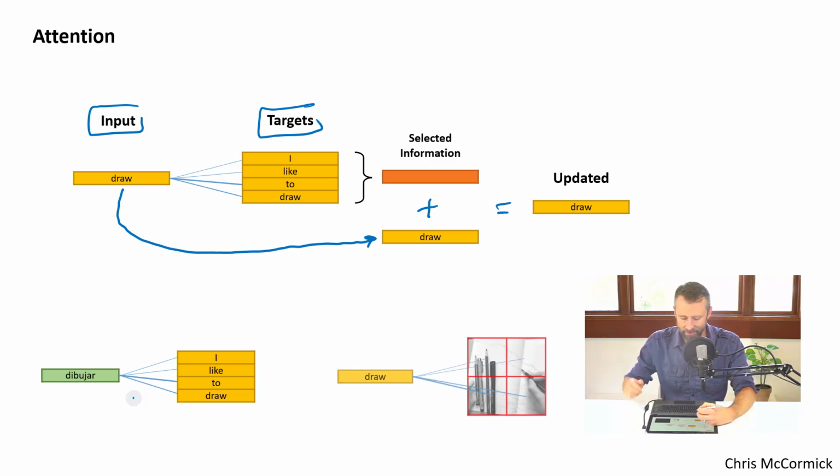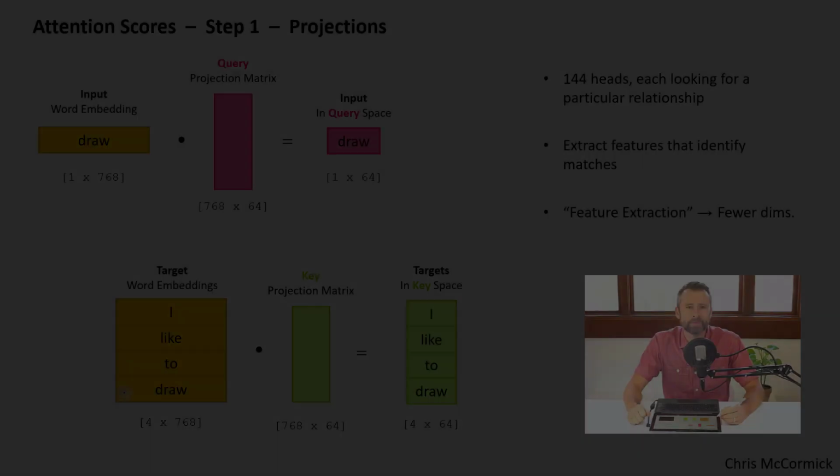Or maybe an even more interesting example, we can combine text and image data using attention. We could attend to different image features. As long as they're stored as vectors, we can attend to them. The targets and the input don't have to be the same kind of data. They don't have to be the same vector length either.